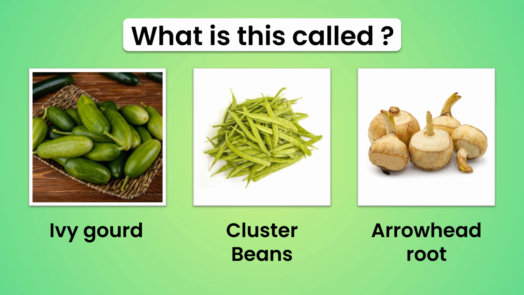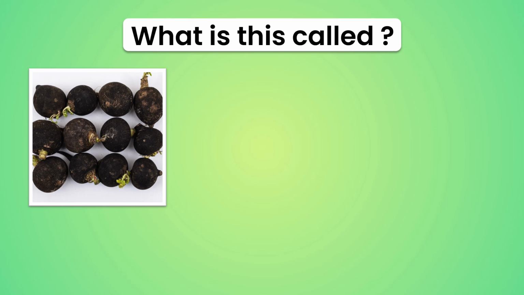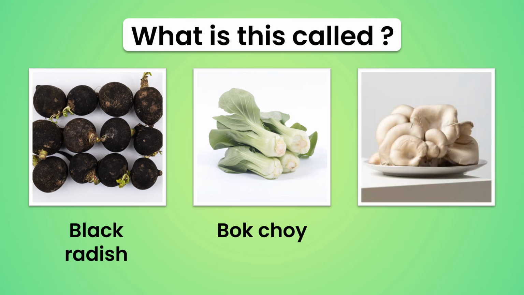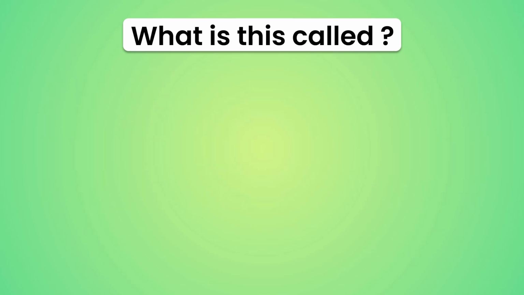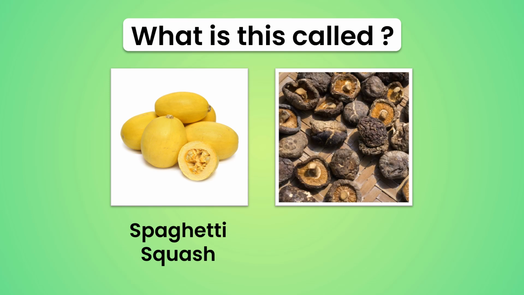Arrowhead root. What is this called? Black radish. Bok choy. Oyster mushrooms. What is this called? Spaghetti squash. Shiitake mushrooms.